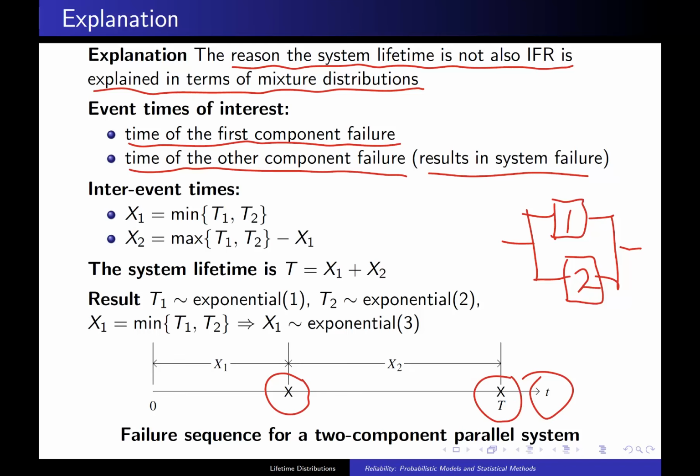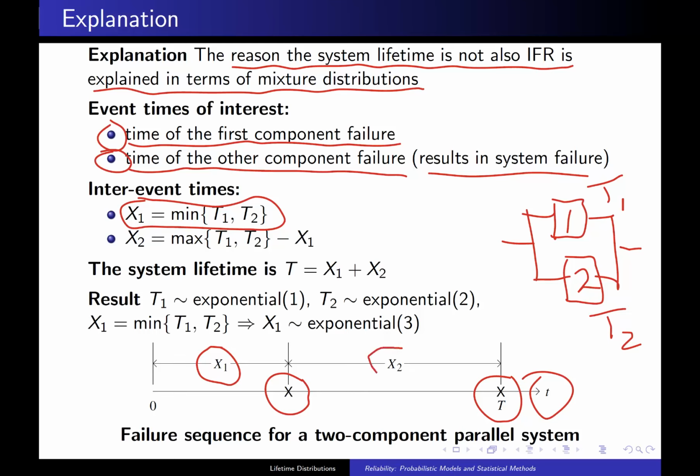Well, to take these two event times of interest and make them a little more quantitative, we're going to let x1 be the minimum of the two lifetimes. Now, t1 is the lifetime of component 1, and t2 is the lifetime of component 2. So this x1 right here in the picture is the minimum of those two values.